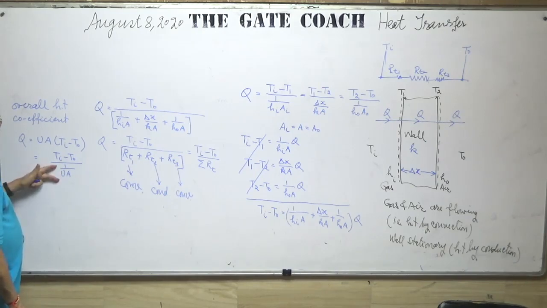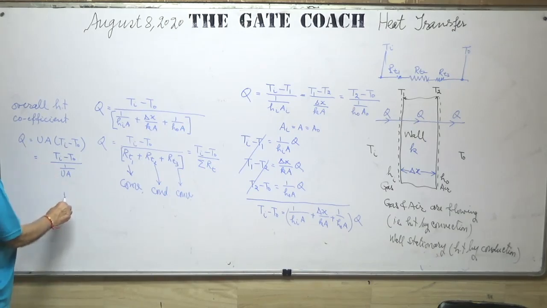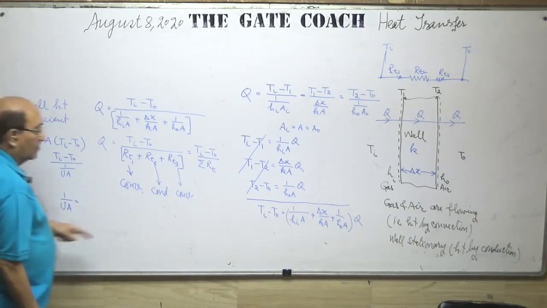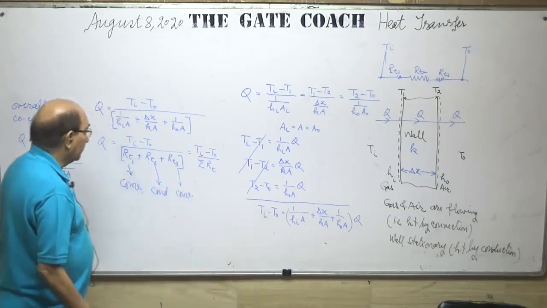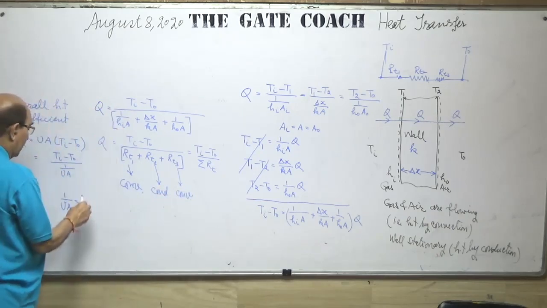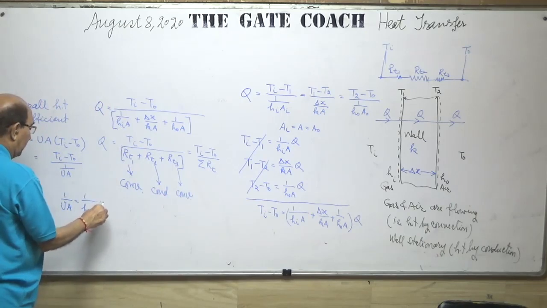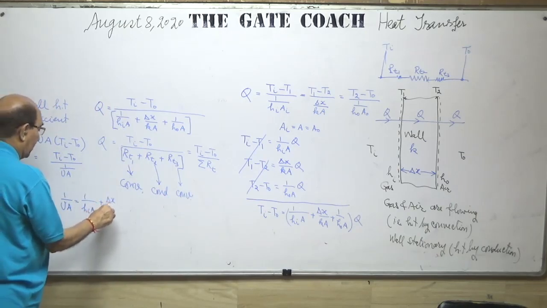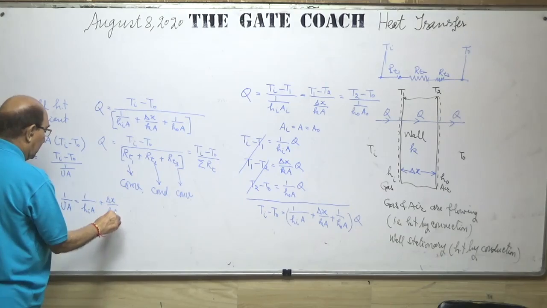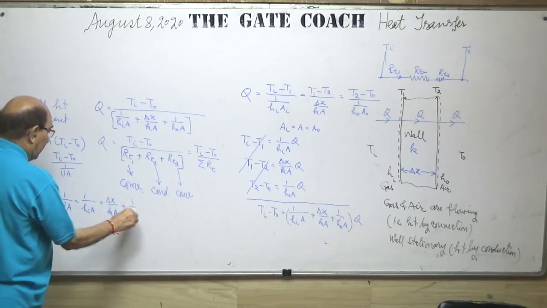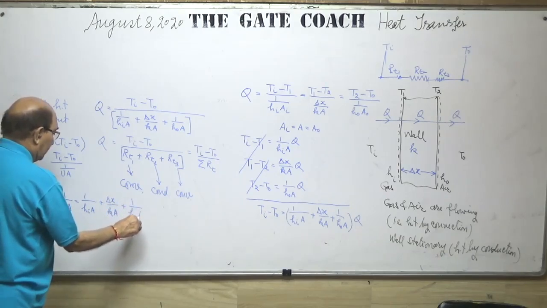This is the overall resistance. And 1 upon Ua is equal to 1 upon Hia plus delta X upon Ka plus 1 upon Hoa.